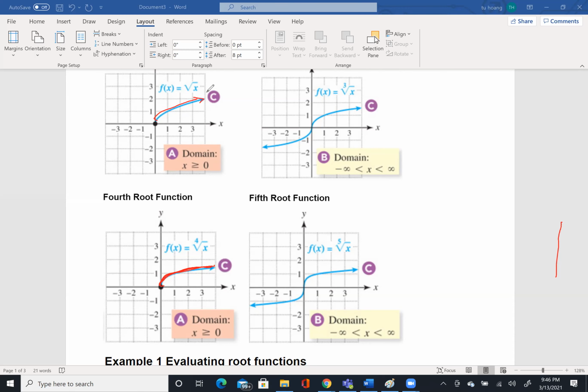But for the square root, the value of y goes higher and higher quickly. But for the fourth root, it goes higher but slowly. And also for the value of x, it's just from 0 to positive infinity, right? You see that.